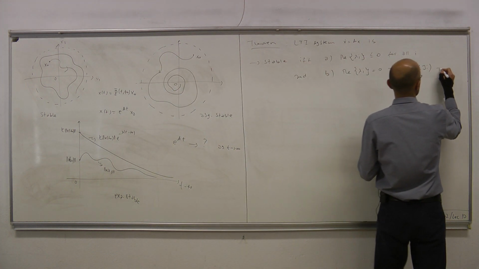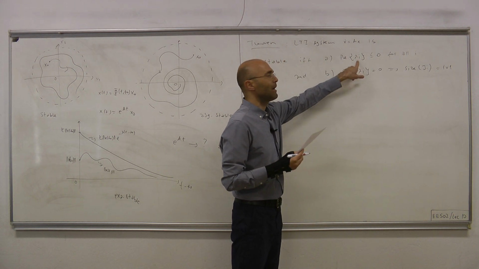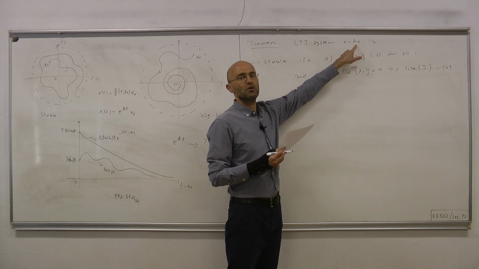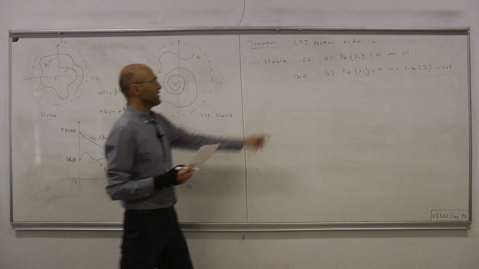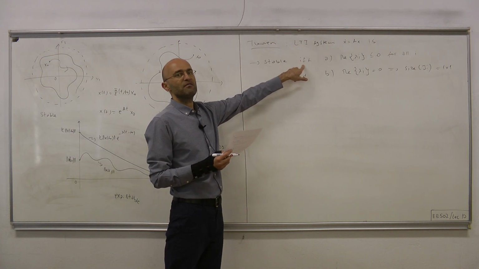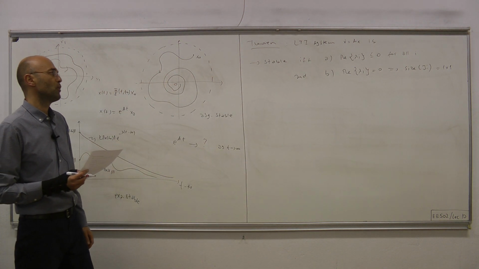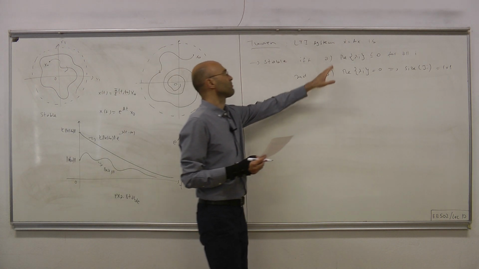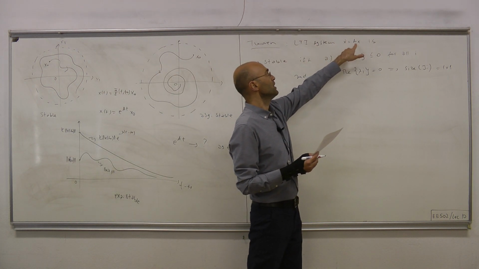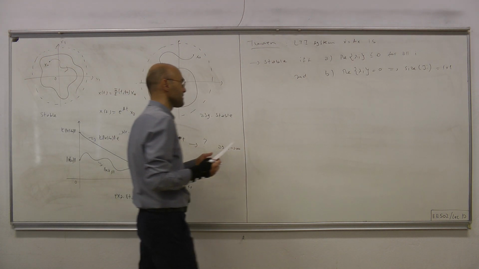So this must be a 1 by 1 block. By lambda i we mean the eigenvalues of the A matrix. Note that the condition is if and only if, so therefore it's both necessary and sufficient. In other words, stability can be completely characterized for an LTI system through the eigenvalues of the A matrix. So that's very nice.